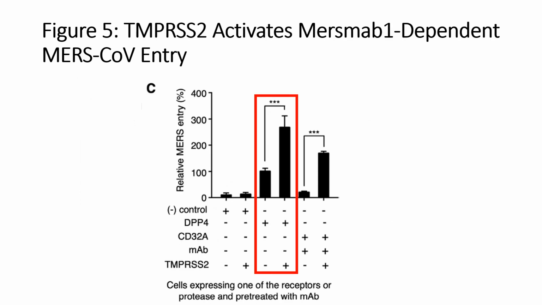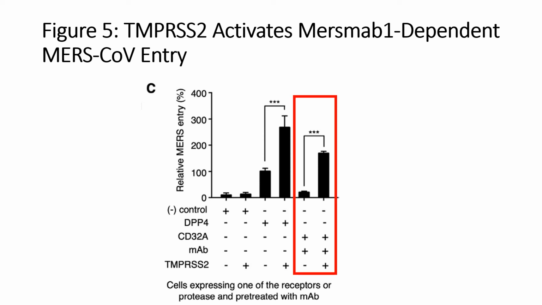Okay, so 5C, it's not as intimidating as it looks actually. In 5C, they're looking at cell surface protease TMPRSS2, a transmembrane serine protease 2, and it's tested for its role in monoclonal antibody-dependent viral entry. So we see that without the MERS monoclonal antibody, TMPRSS2 enhanced the MERS-CoV pseudovirus entry into the DPP4 expressing cells.